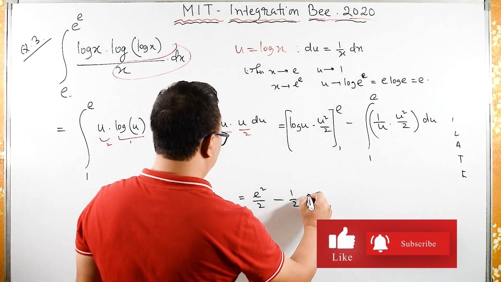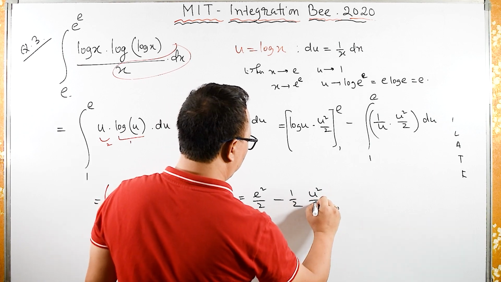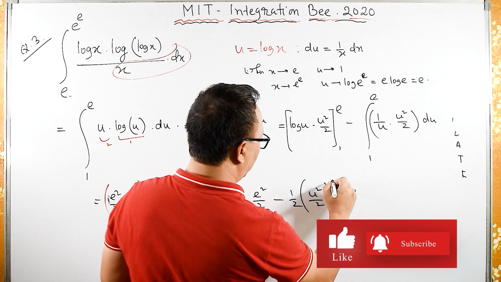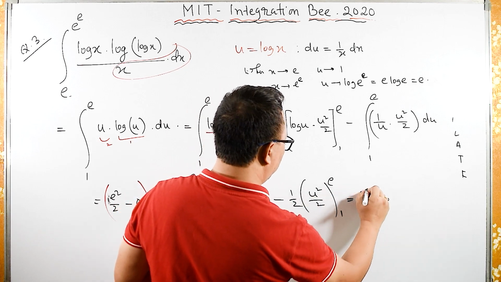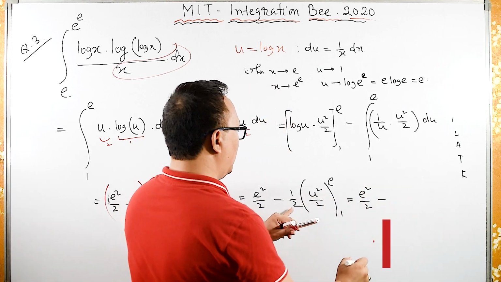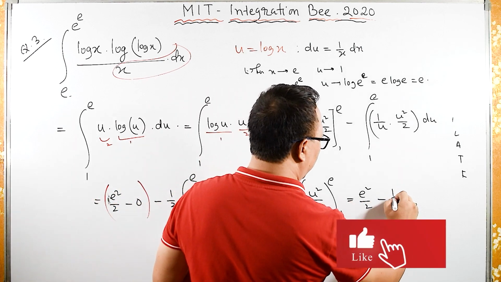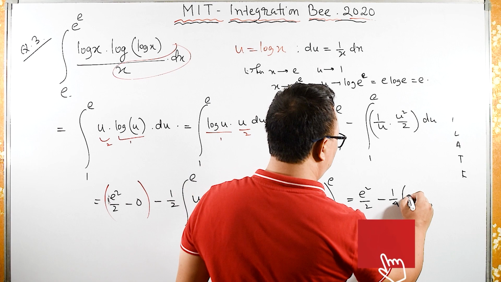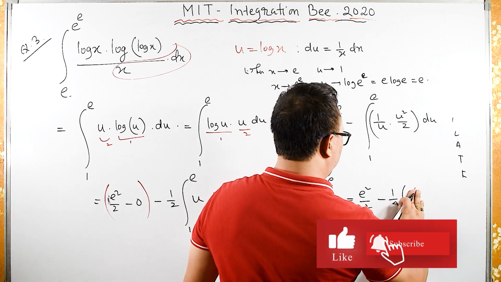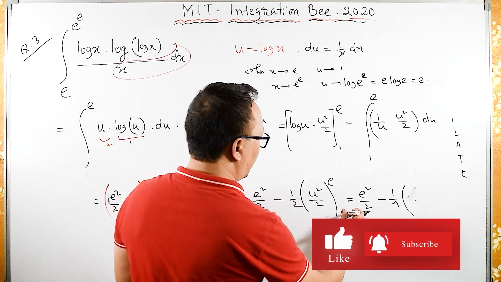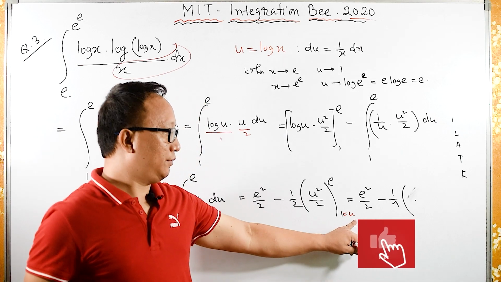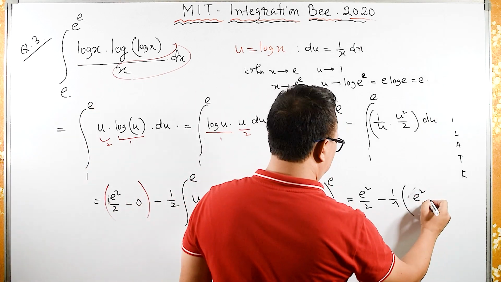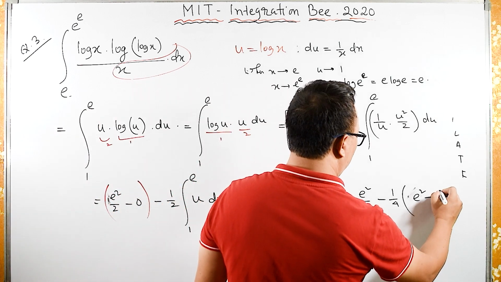this integral is u square upon 2, limit from 1 to e, which equals e square upon 2 minus, here 2 times 2 is 4, I will write 4 here, upper limit minus lower limit. Upper limit means u square, instead of u we substitute e square minus 1, and 1 square is the same as 1.